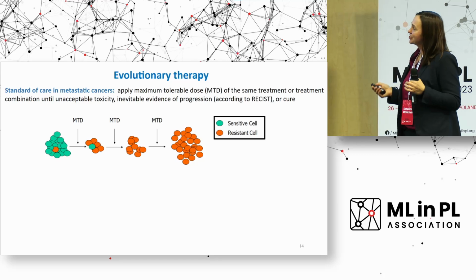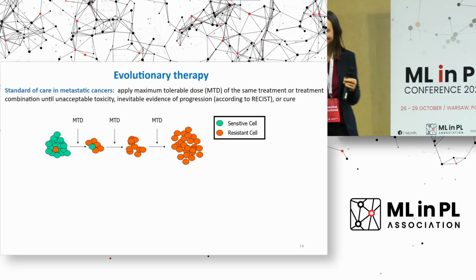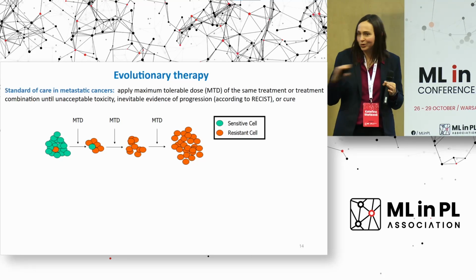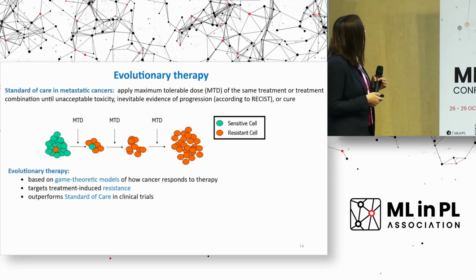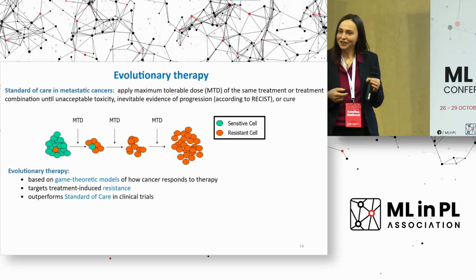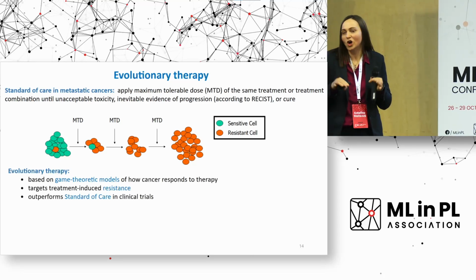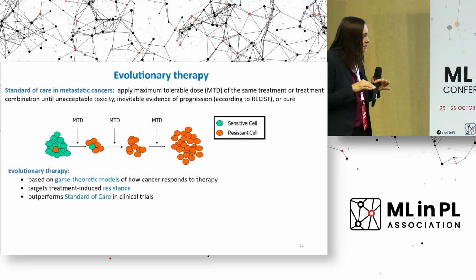So here we have this original picture. The idea is that basically we treat with the same dose, actually the maximum dose I could treat before getting really severe side effects, okay? And then the evolutionary therapy thought, okay, let's do something different. If the problem is that I kill all the sensitive cells and the resistant cells take over, maybe I could treat a bit less, right?